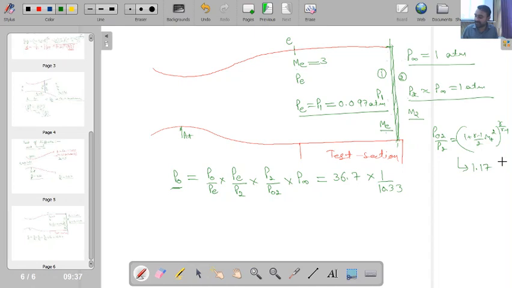So the opposite of this will be 1 divided by 1.17, and ultimately P infinity is equal to 1. From here, if you calculate this initial pressure PO, it comes out to be, sorry, 3.55 atm.